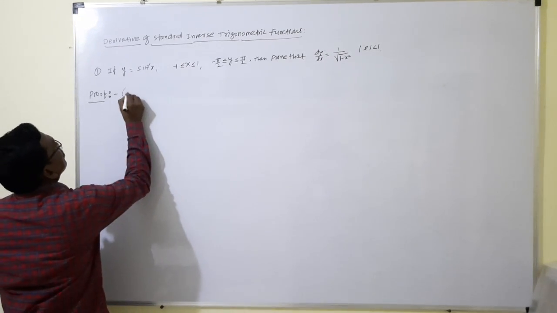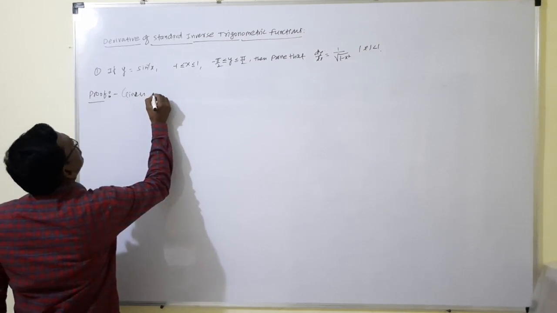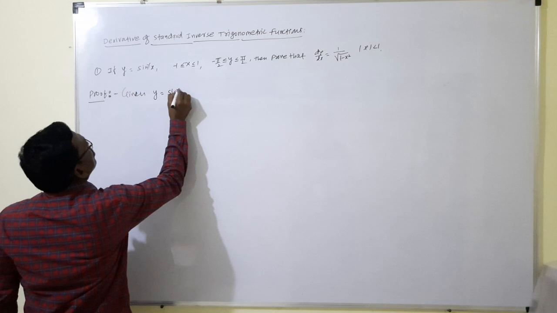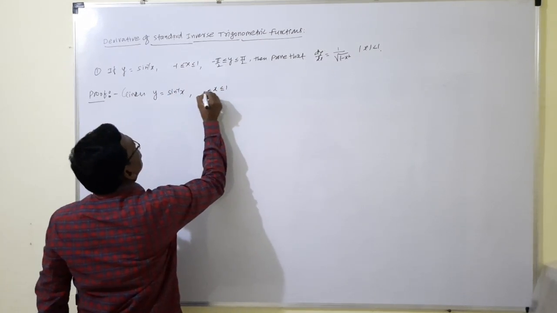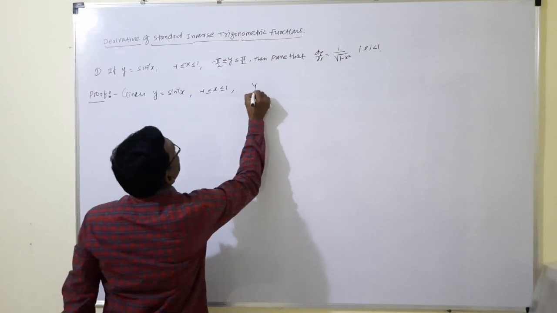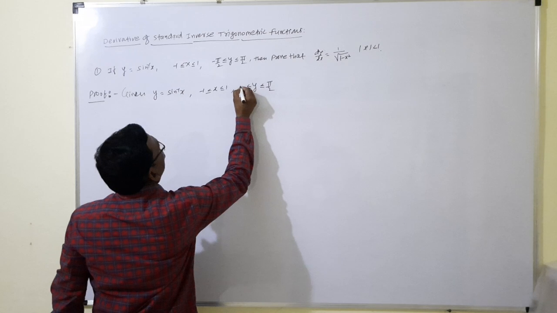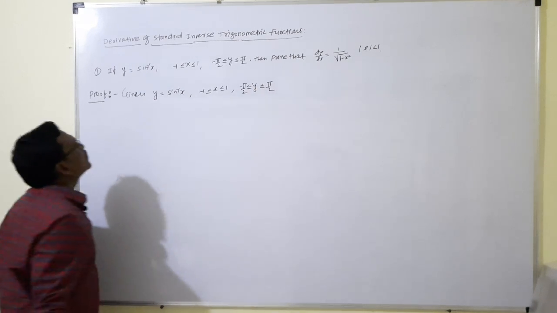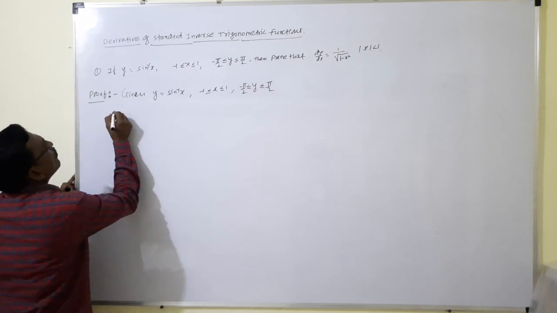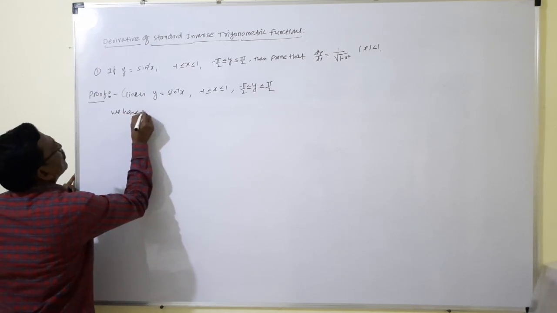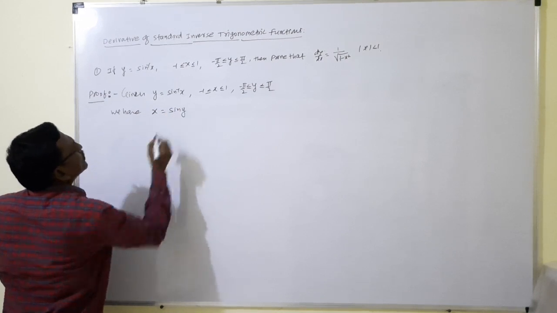So given y equal to sine inverse x, where x is less than or equal to 1, greater than or equal to -1, and also y is less than or equal to pi by 2 and greater than or equal to minus pi by 2. So from this y equal to sine inverse of x, we have x equal to sine y.